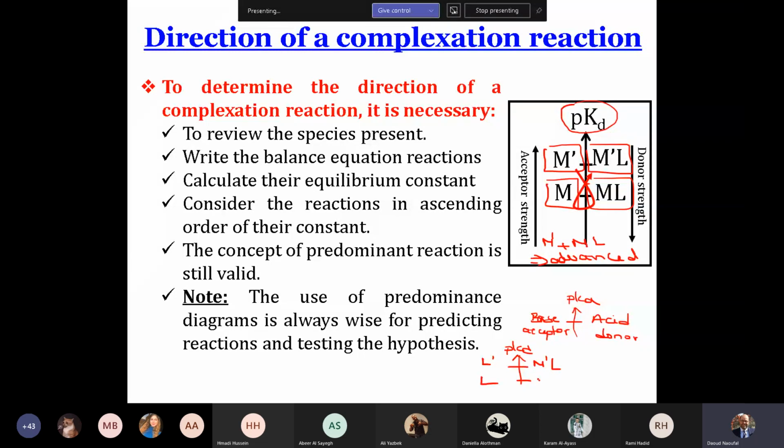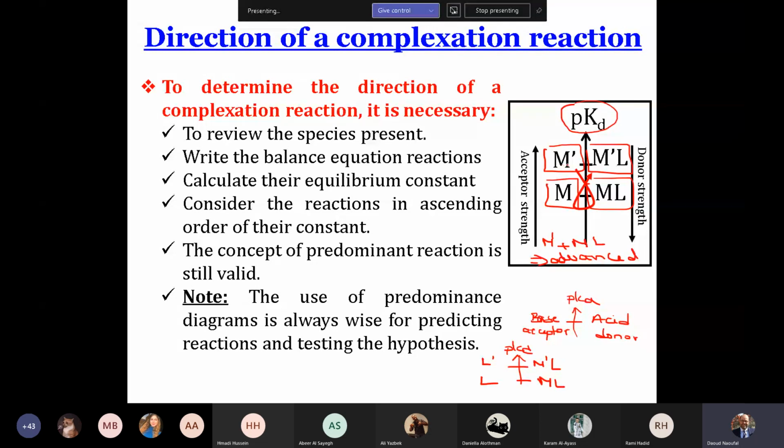So L, ML. This is acceptor donor. This is acceptor donor, and this is acceptor donor. So we can work on another scale. You have to work on this scale or on the second scale. It depends on the nature of the exercise.